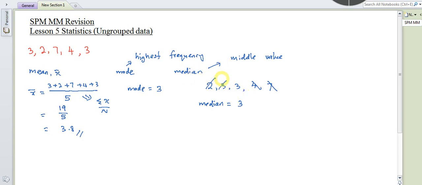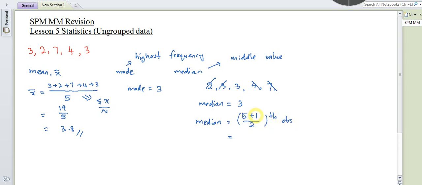If we have a lot of data, we don't have to cancel one by one. It's 1, 2, 3, 4, 5. We can also do it like this: for the median, we take 5 plus 1 divided by 2, observation. You can also write value or data.